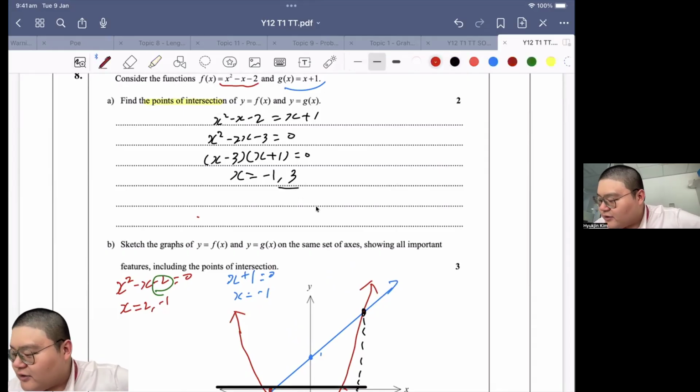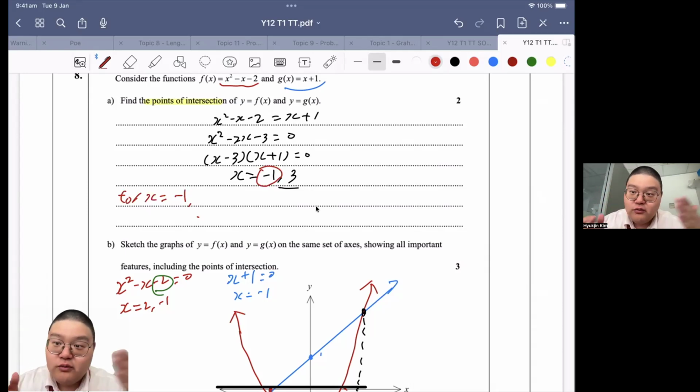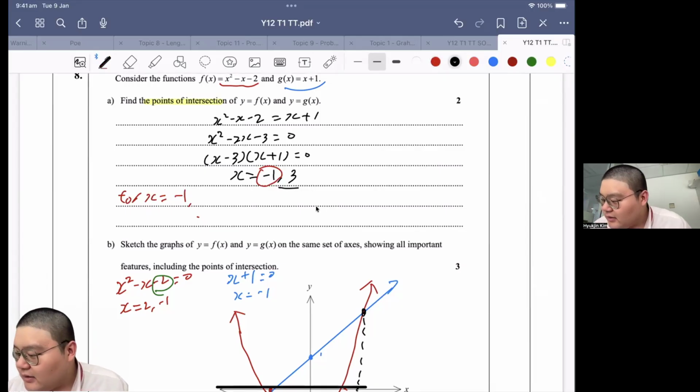In this case, what I need to do is for x equals 1, negative 1, sorry, we just choose whichever one of the functions we know and we like, because we know either of them will work. g of negative 1 equals negative 1 plus 1, which is 0. Happy times. Therefore, negative 1 and 0.